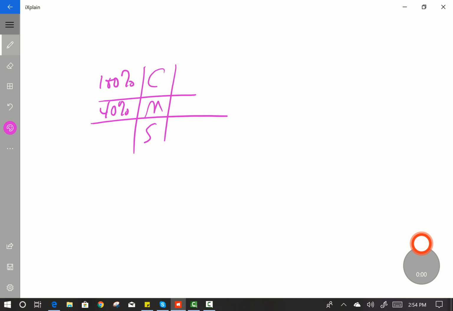So I'm going to go to the first place I can add or take the difference. 100 plus 40 is 140%. I want to make that the rate and go straight across, make this a part. The part is equal to the base times the rate. So it's 90 times 1.4, and that equals $126.